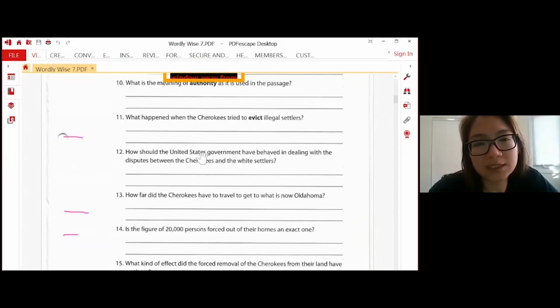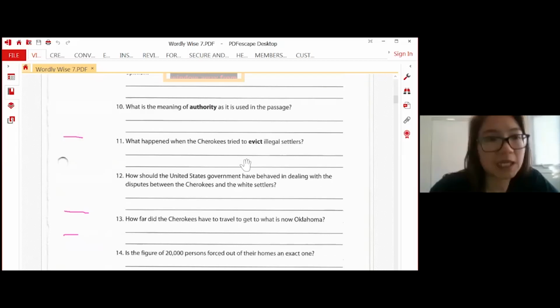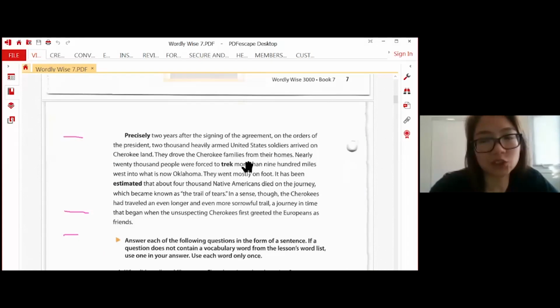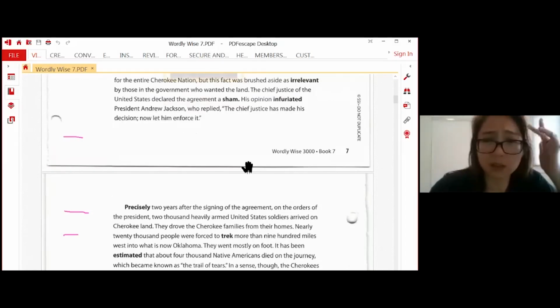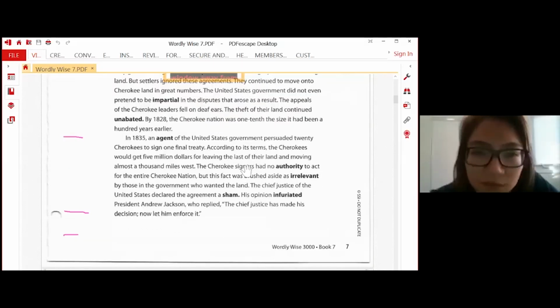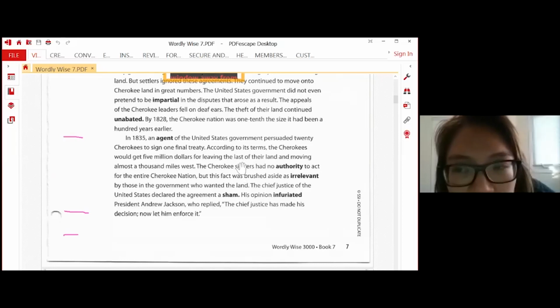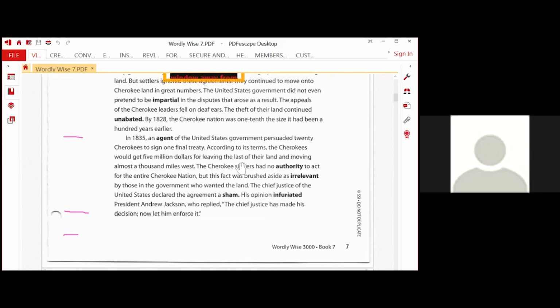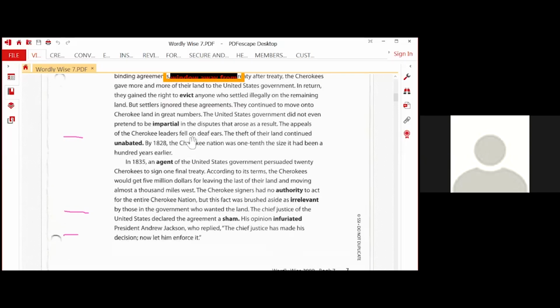And what happened? Next one. How should the United States government have behaved in dealing with the dispute between the Cherokees and the white settlers? How do you think they should have behaved? Sarah? Sarah, you there? Yeah, I'm here. I don't think they should have taken their land.